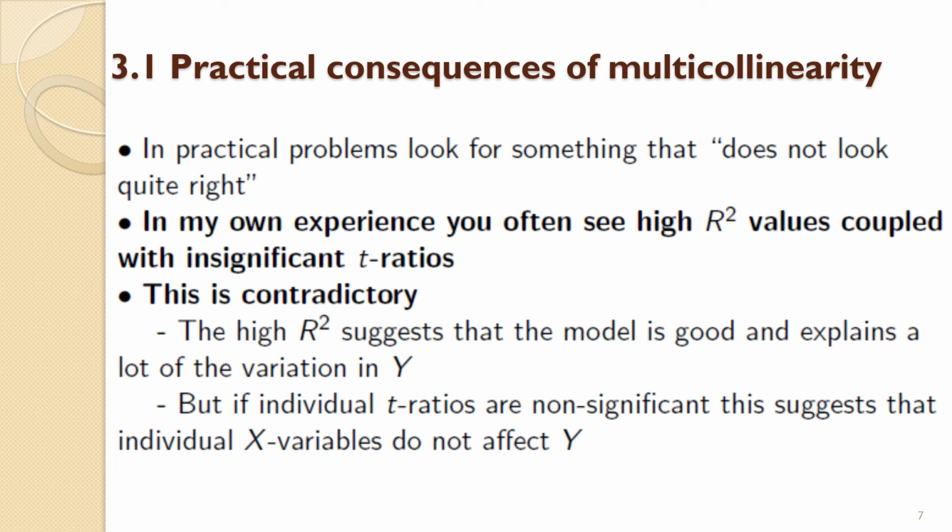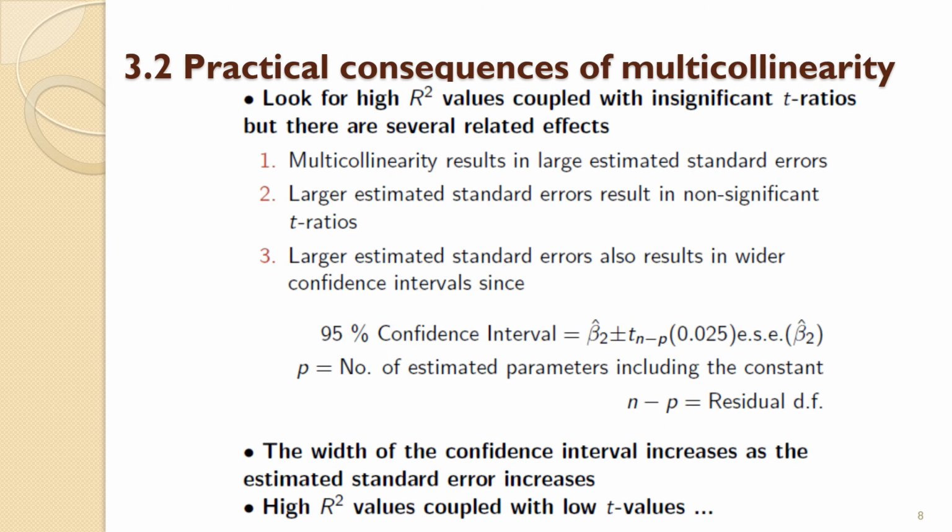So you often get this contradiction then, r squared values, t values. So just to recap then, often you get high r squared values and low t values with multicollinearity. That's the thing I've spotted in practical problems, but there are a number of other ways in which this effect manifests itself.